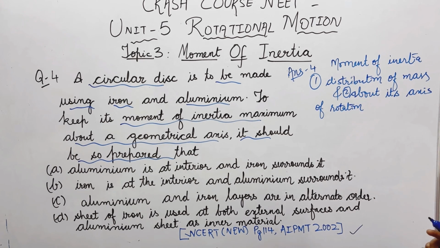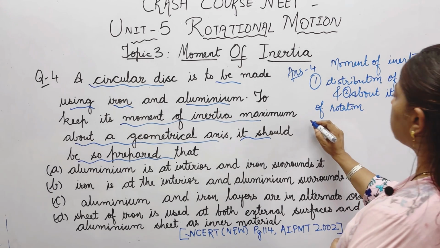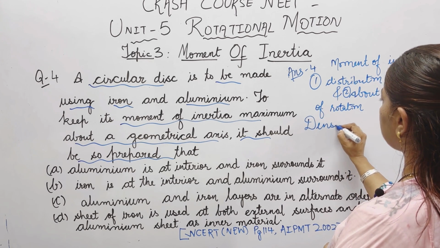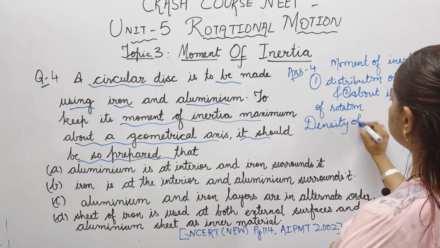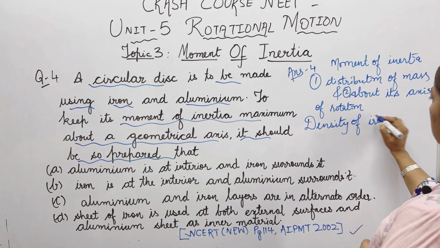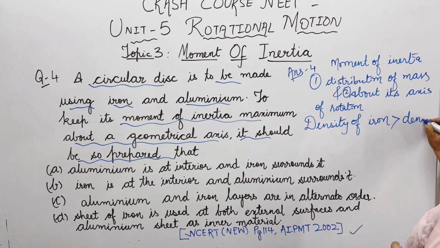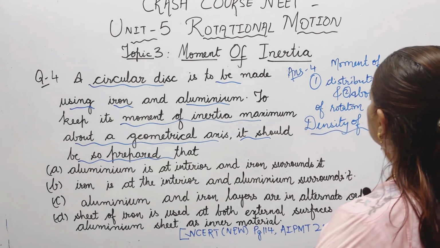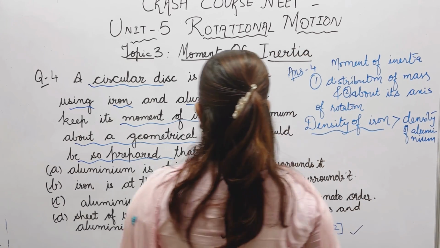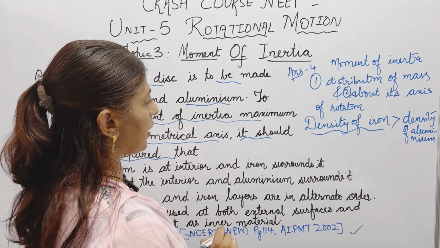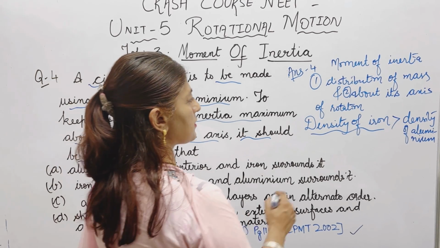Now, if we talk about iron and aluminium, the density of iron is greater than the density of aluminium. So the iron will have maximum moment of inertia if it is far away from the axis.